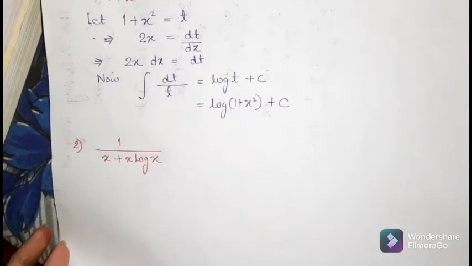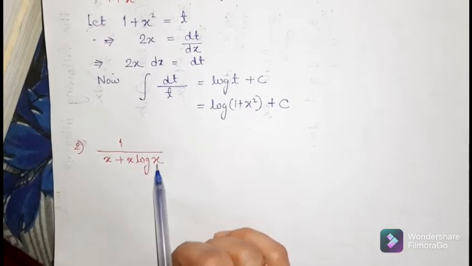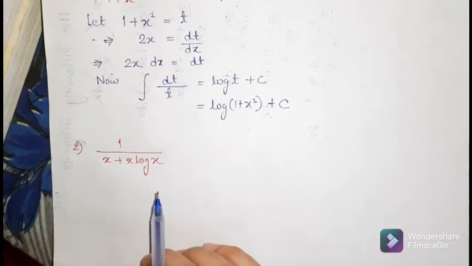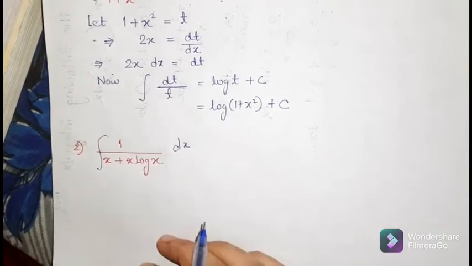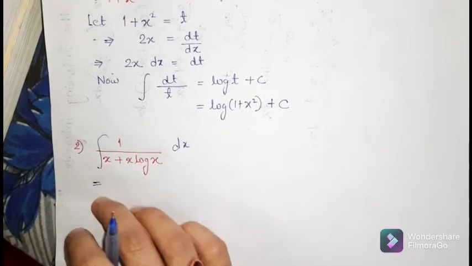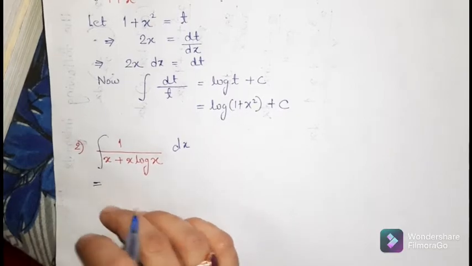Now see the next question we have taken. We have 1 by x plus x log x. So when you first look at the question, you think how I will do this, right? Means what I have to substitute, and then you get confused. But one thing you keep in mind, it is very important, you have to check whether by putting it you will get the derivative or not.